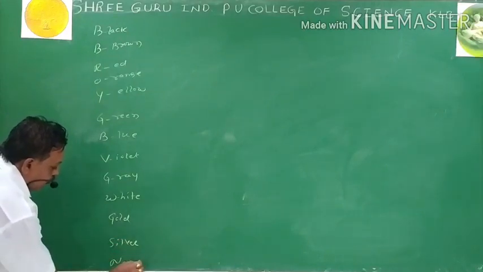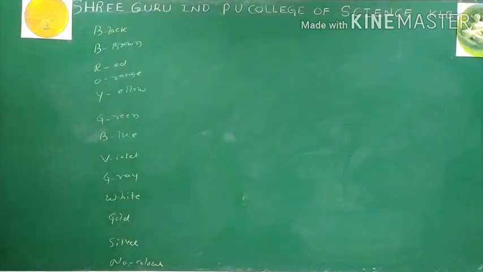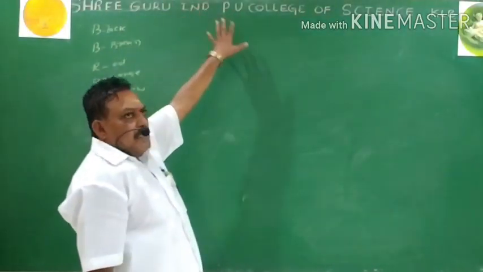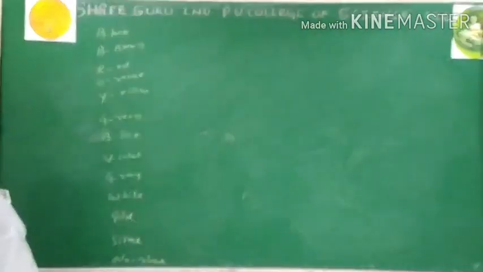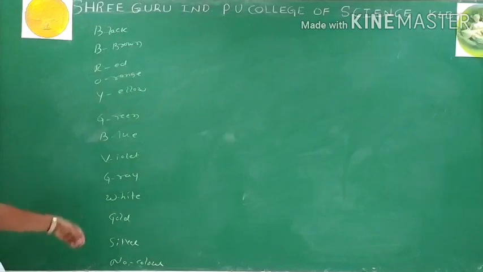N stands for no color. In the book he has given three charts, that is the two digits, multiplier and tolerance. We take the help of only the initial letters of the hint, B.B. Roy of Great Britain had very good wife wearing gold silver necklace.